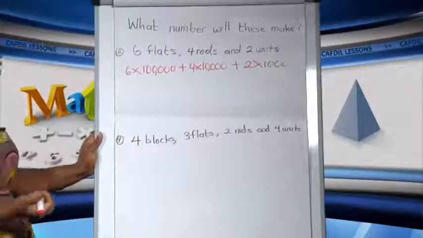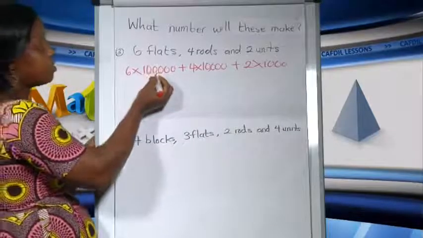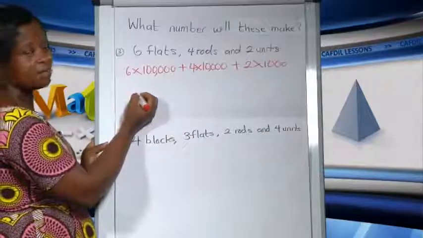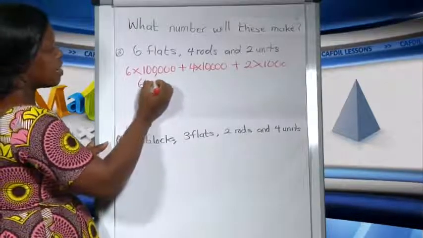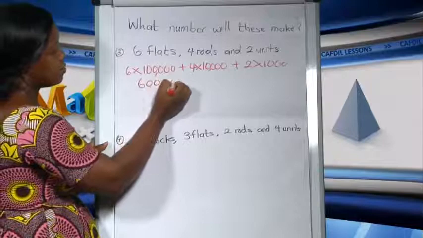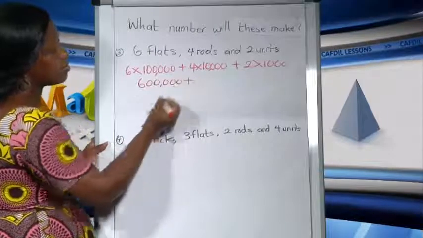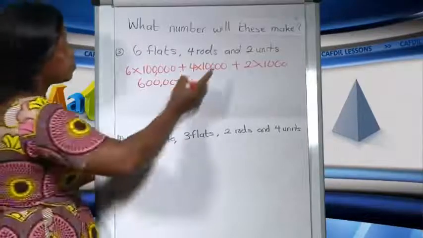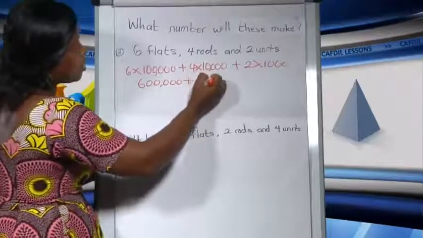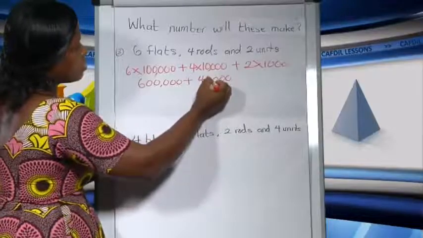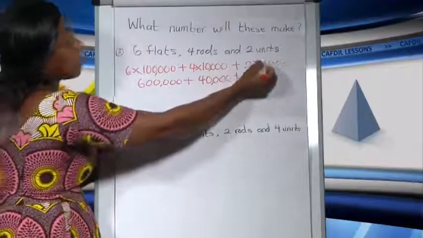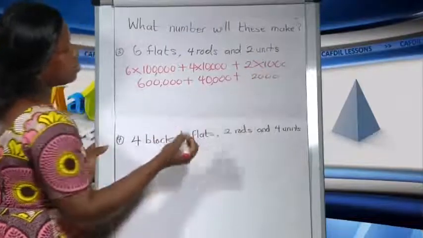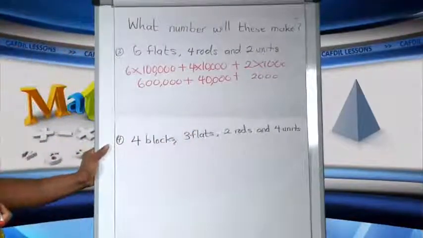Now let's calculate it. 6 times 100,000 will give us 600,000. Plus 4 times 10,000 will give us 40,000. Plus 2 times 1,000 will give us 2,000. We have to put them together.